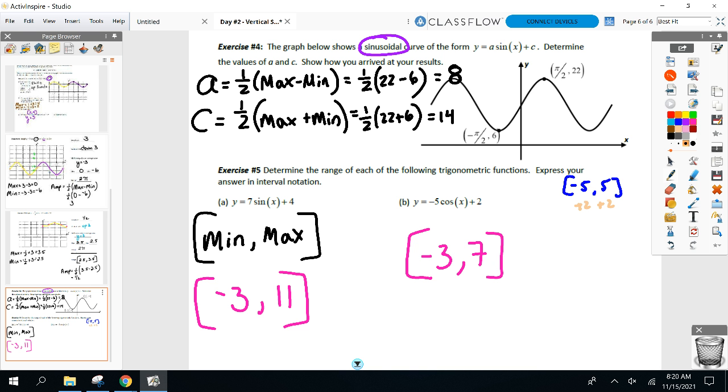Max would have been 7, minimum would have been -7. Now I add 4 to both. So -7 and 7, I add 4 to it, and there's my new range. There it is. So I got to figure out what it was before I shifted, and then add my shift.